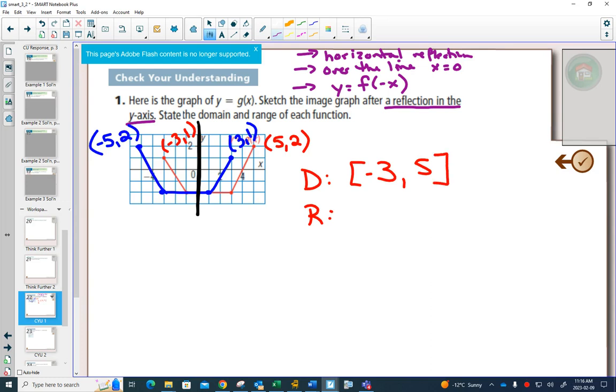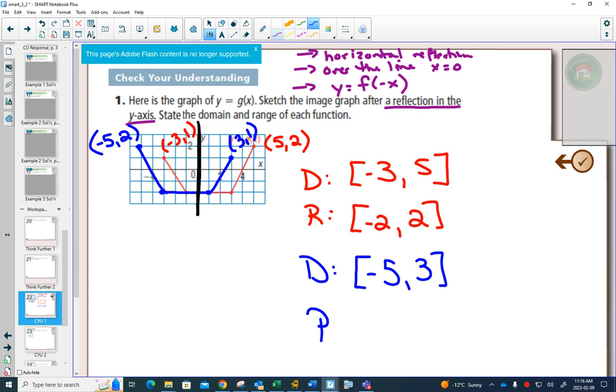And your range, the smallest y value is -2. Your biggest y value is +2. On my blue graph, my domain, my smallest x value is now -5. My biggest x value, +3. And the range coming from the bottom, smallest y value is -2, and biggest y value is +2.